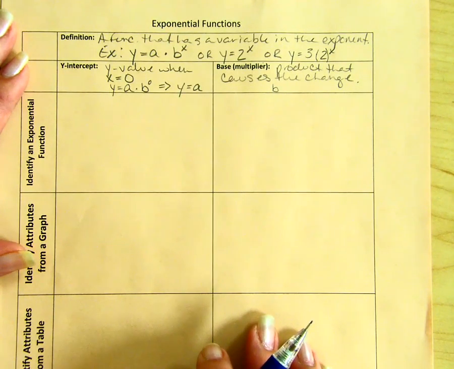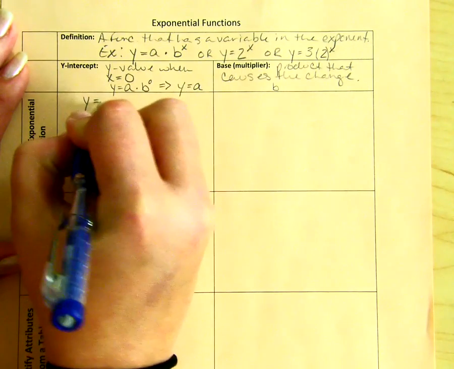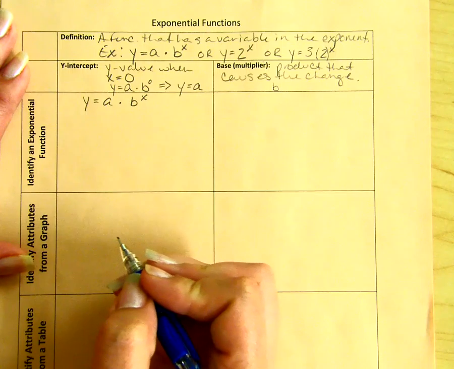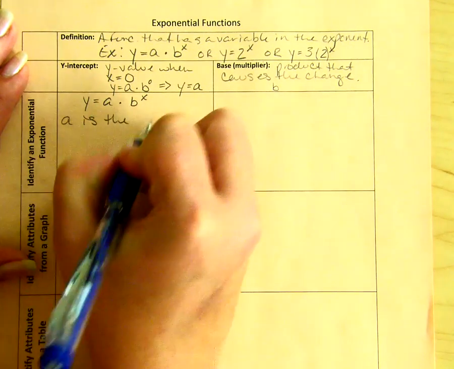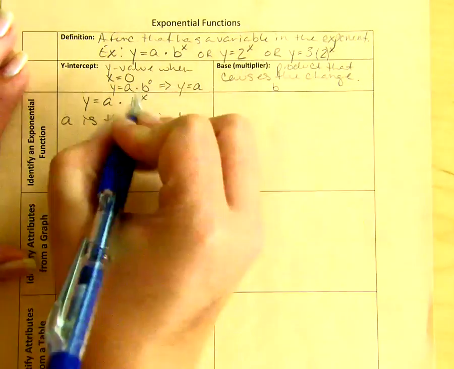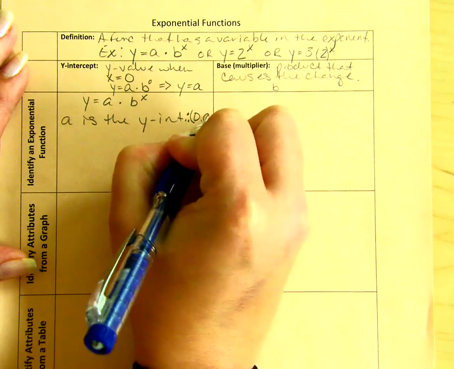Okay, when you're looking at the standard form of an exponential function, which is y equals a times b raised to the power of x, a is the y-intercept, and it can be written in the form, the ordered pair, (0, a).